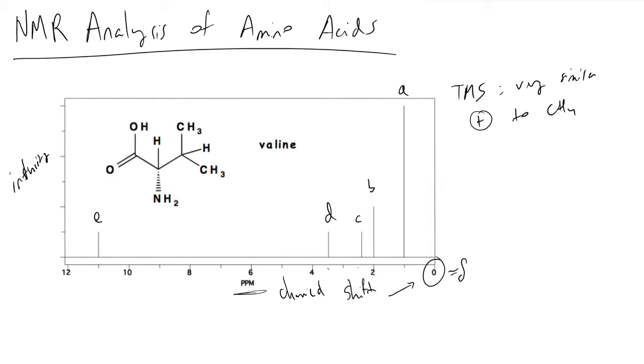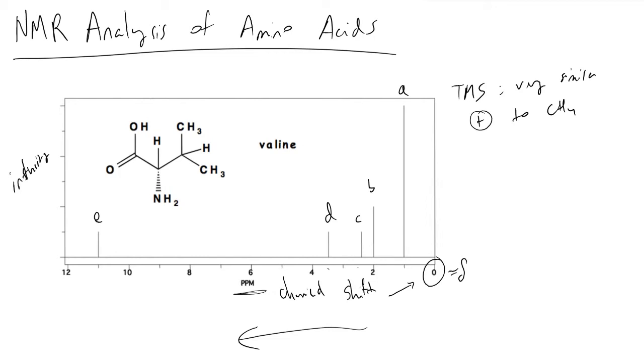They have a lot of electron density around them, and consequently it requires more energy to flip these protons between their spin states. The more de-shielded a proton is, the farther downfield it will appear. That is a very key thing to keep in mind when you're analyzing NMR spectra.